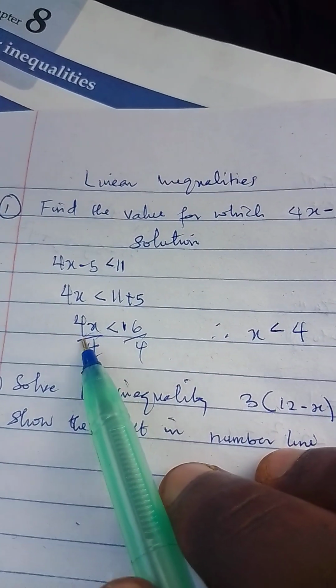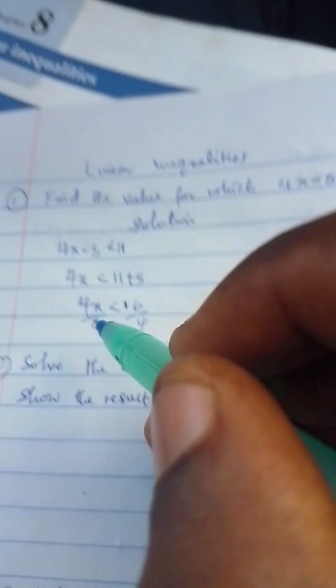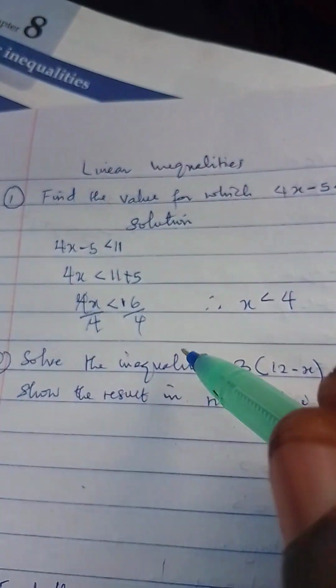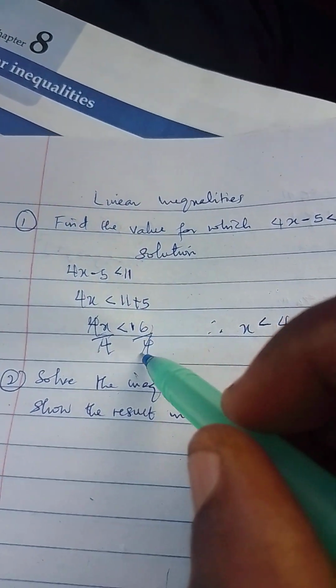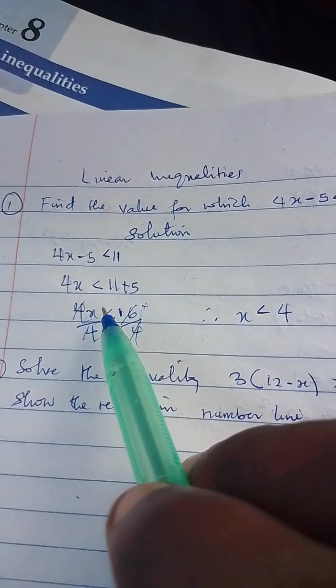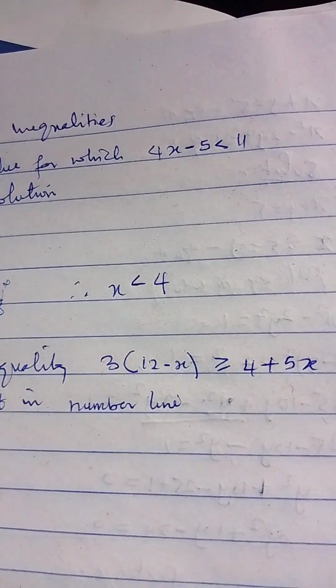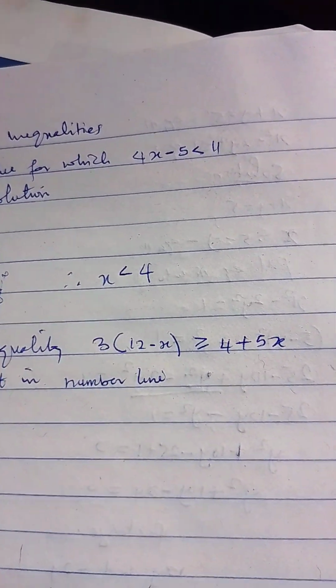So then we divided both sides by the coefficient of x, which is 4. So when 4 cut 4, it left 1. And when 4 cut 16, it gave us 4. That is why x is less than 4. Did you get that? x is less than 4.